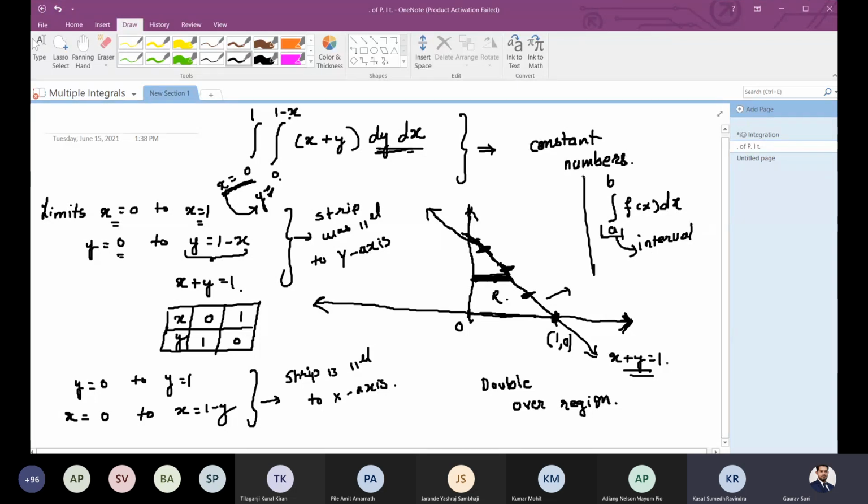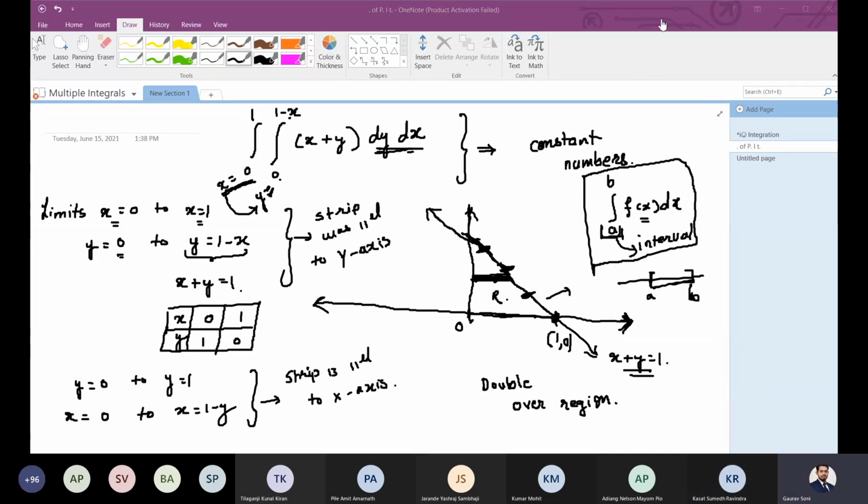Look here. When you have the integration from a to b of f of x dx, what is this? If you look at the real line, a is somewhere here, b is somewhere here. So you are integrating f of x over this interval a to b, right? Yes or no? Yes, sir.